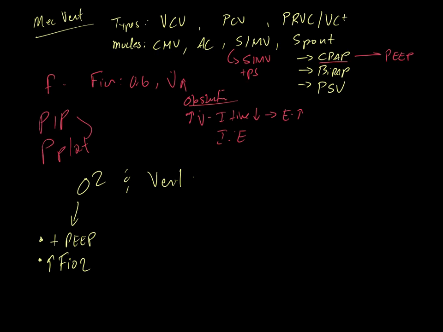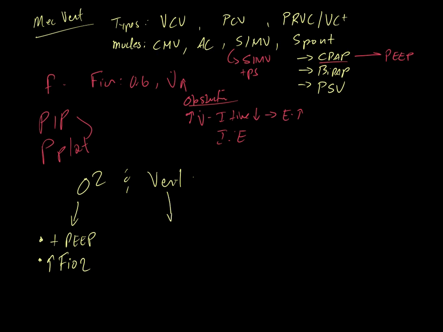But adding PEEP is very helpful, and we can do that without risking oxygen toxicity, but PEEP does have its own side effects, right? Anytime you put positive pressure in the chest, you're going to decrease preload, which is going to decrease cardiac output. So you got to monitor your hemodynamics real closely with PEEP.